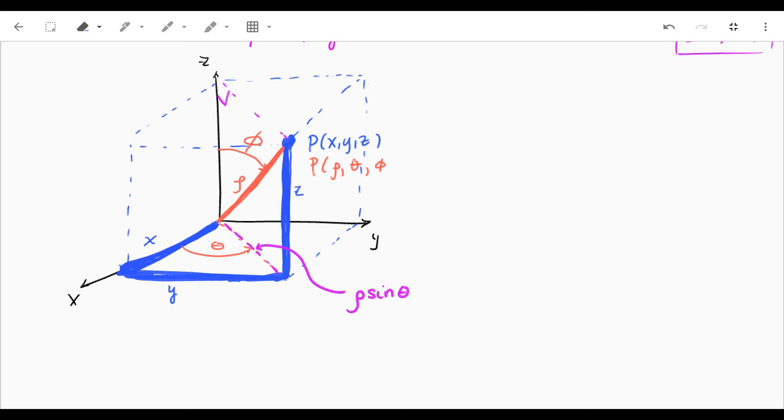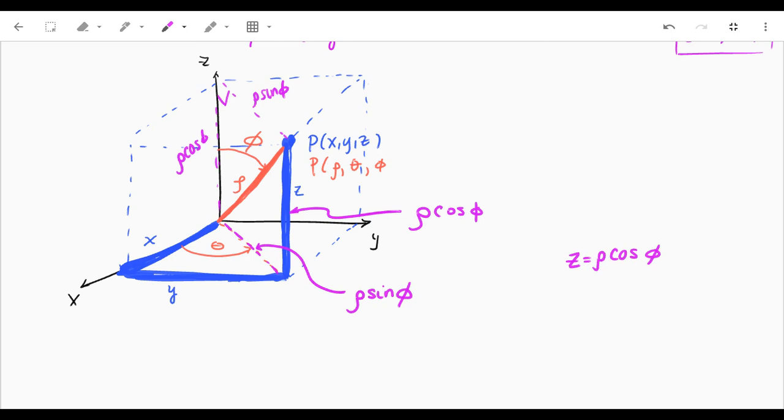And rho cosine phi would give you that distance along the z-axis. So there's z. We have our conversion for z. Z is rho cosine phi.